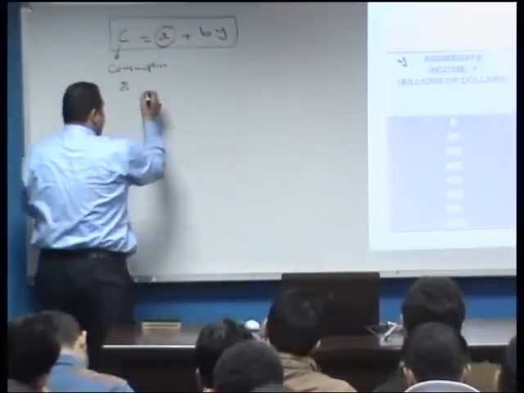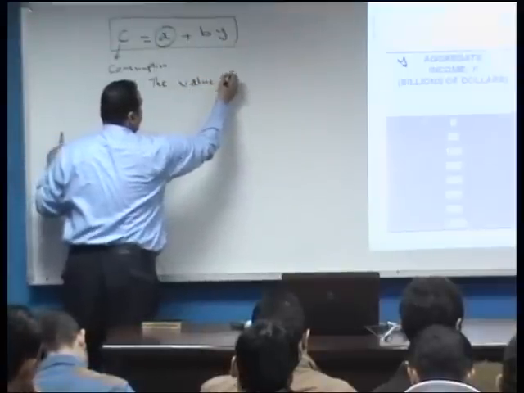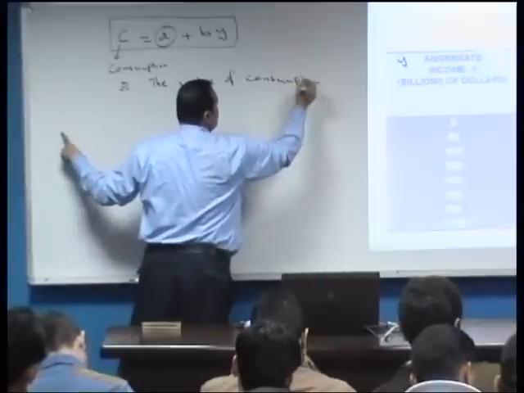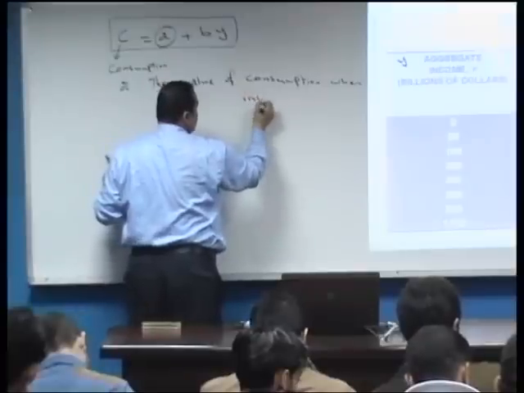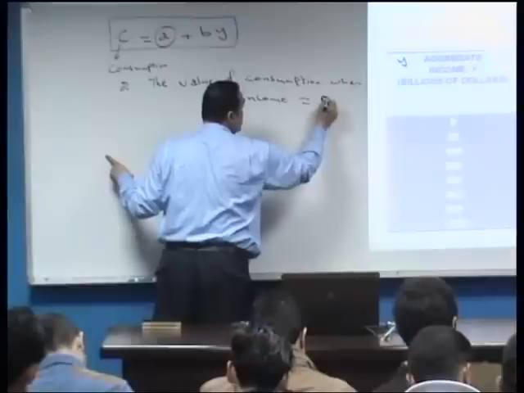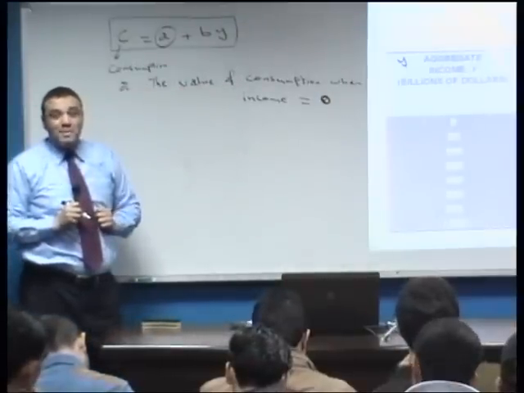This is A. A is the value of consumption when your income equals 0. Right? What about B?